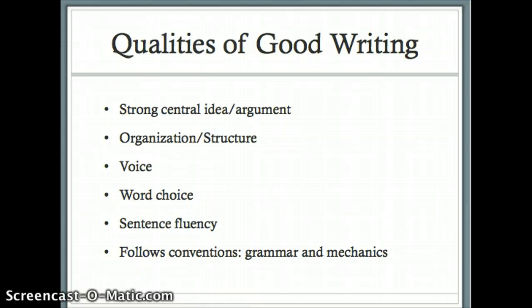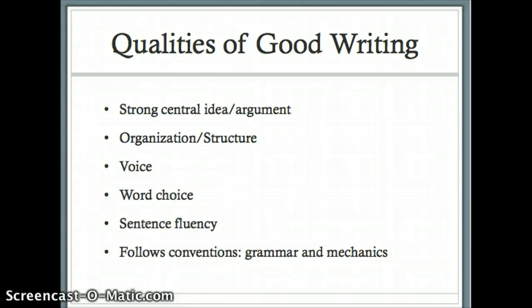So when we think about any type of writing, whether it be a formal essay, a letter, or an email, all these things have qualities in common. With any sort of university level writing, the most essential thing that you should look for is to have strong ideas, and the content of your writing is important.